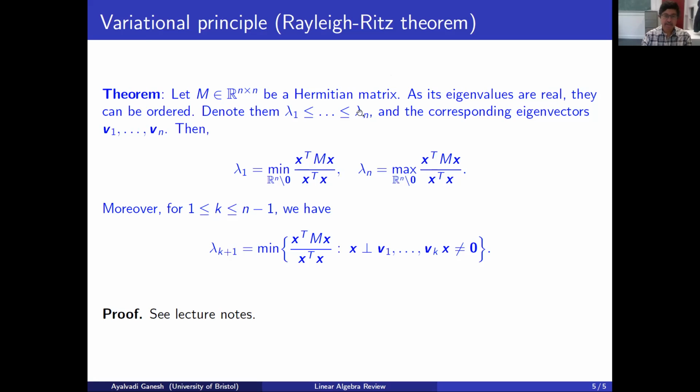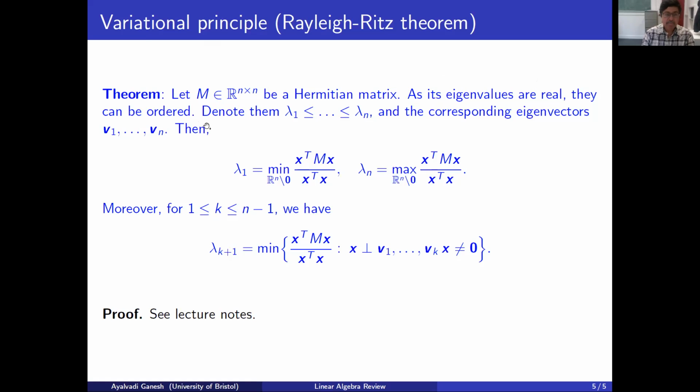We couldn't do that if they were complex because there's no order relation on the complex numbers. Okay, but as these are real, let's sort them from smallest to largest. And let V1 through Vn be the corresponding eigenvectors. And we know there are n of them because we showed that there's a complete basis of eigenvectors.